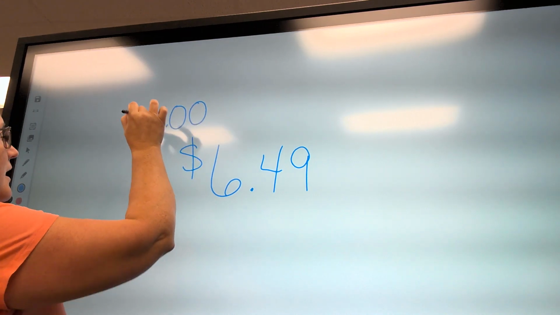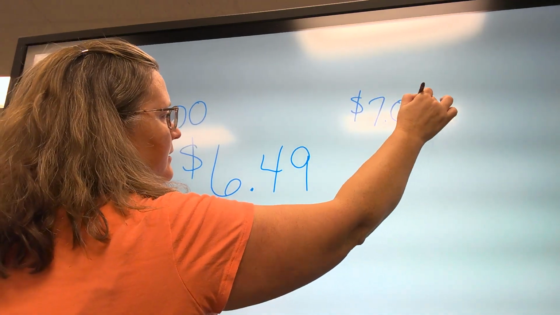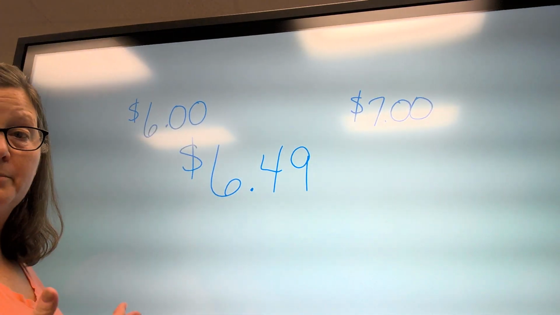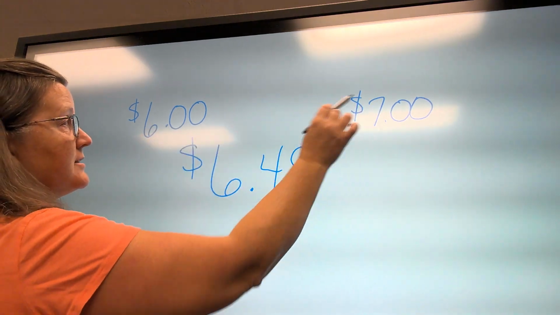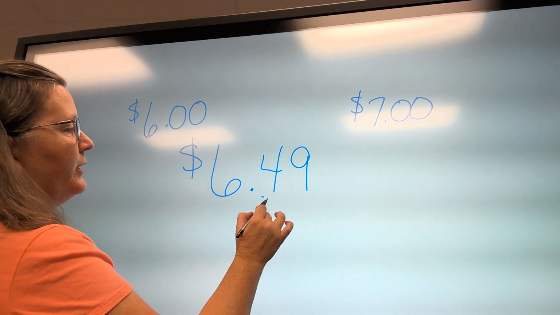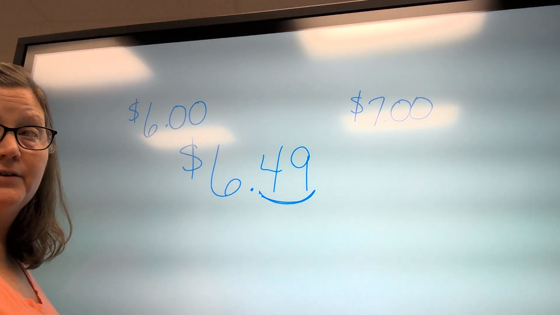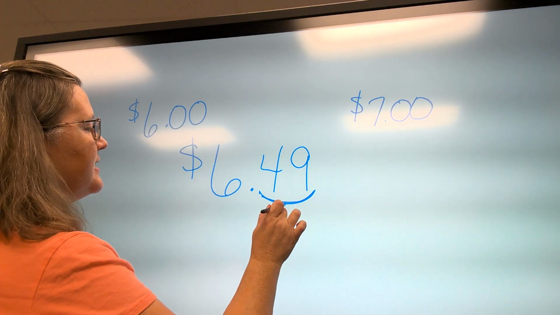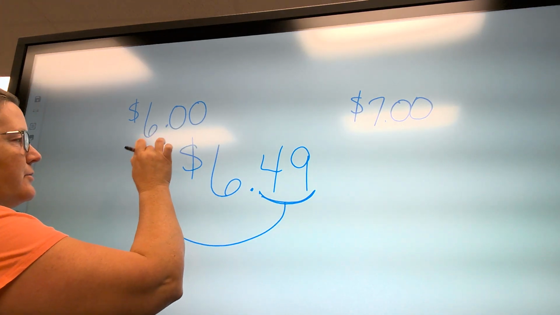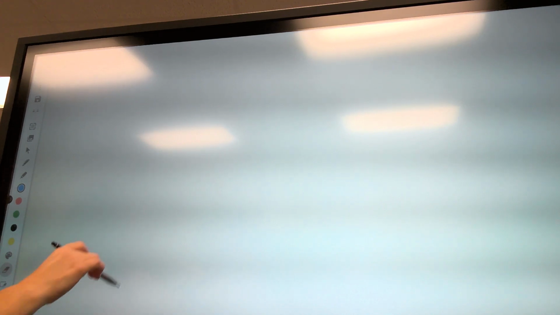Yep. $6. $6 on this side and $7 on this side. Okay? If you are not sure about your rounding, do this first. Okay? All right, so we look at the 49 cents. Is that more than 50 cents or less than 50 cents? Less than 50 cents, so we let it go. So $6.49 would round down to $6.